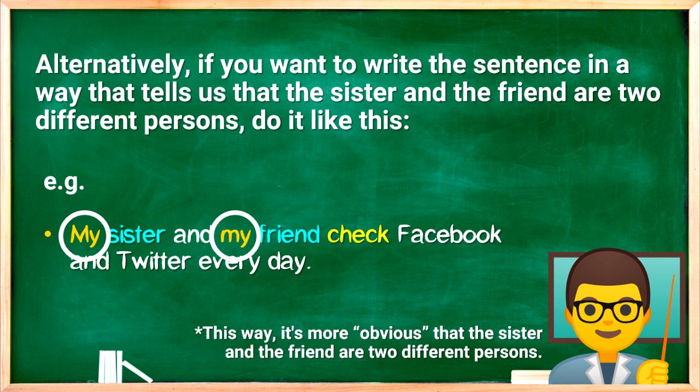Alternatively, if you want to write the sentence in a way that tells us that the sister and the friend are two different persons, do it like this. My sister and my friend check Facebook and Twitter every day. This way, it's more obvious that the sister and the friend are two different persons.